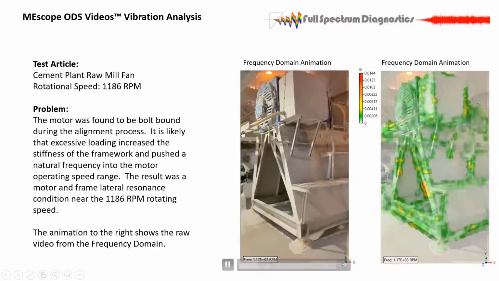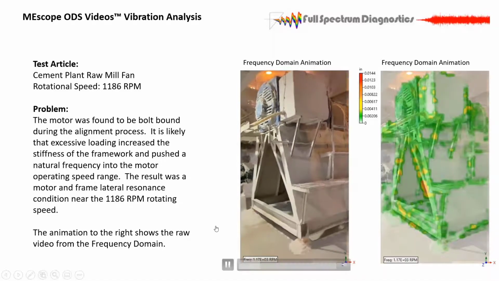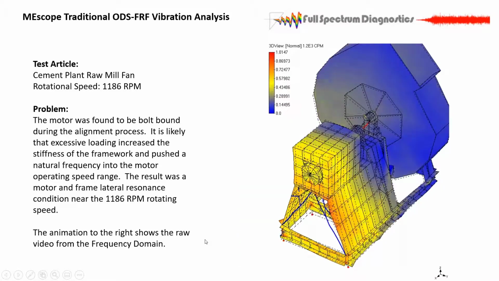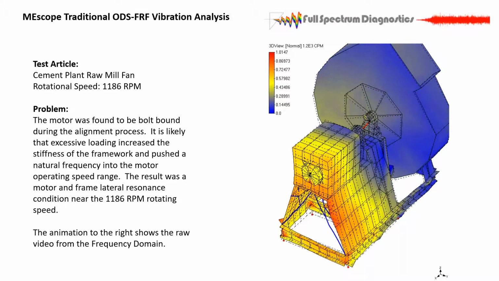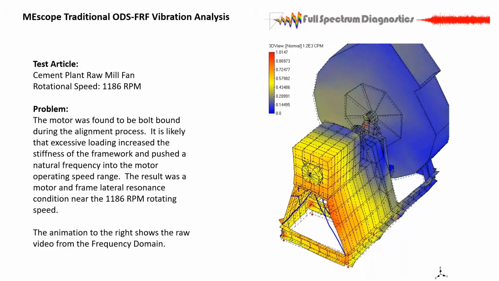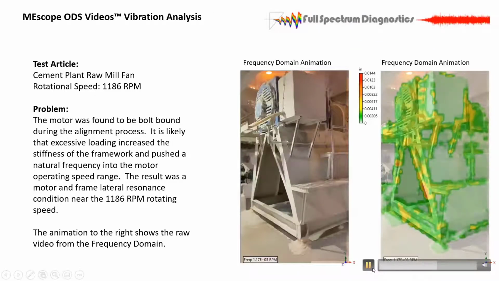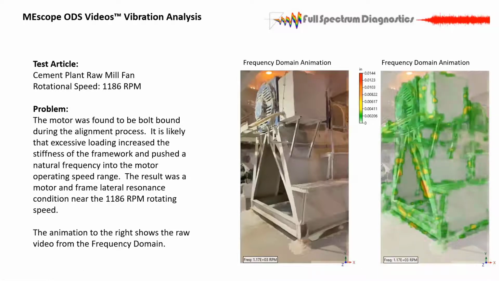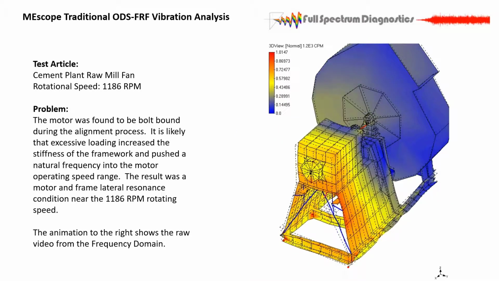I've never been able to take data while the unit's not operating to see where that natural frequency is, but I did take operating deflection shape data in 2006, I believe, and this is the ODS from back then, which looks a lot like the ODS now. So horizontal kind of sliding motion, concentrated on the outboard side, outboard motor end, and that's what this was.